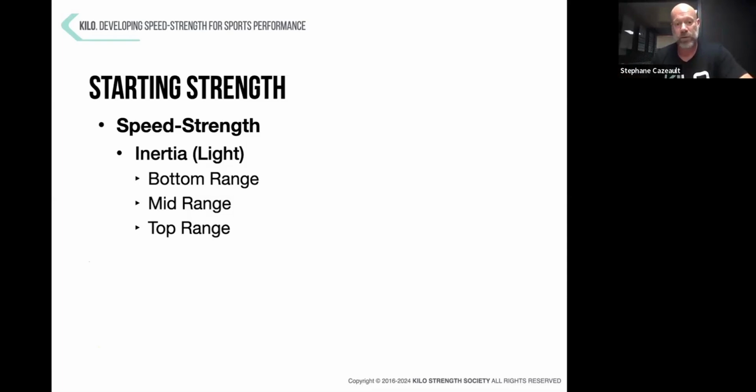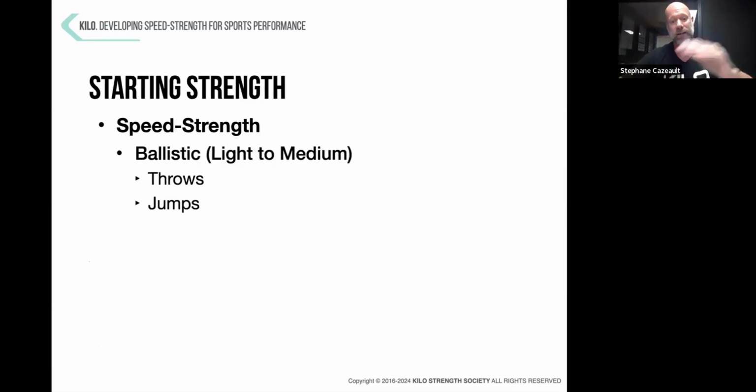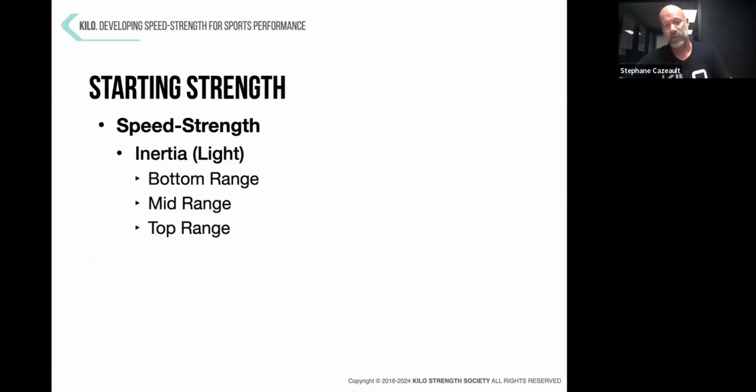Whenever we do the sports performance course here at Kilo and have students do starting strength, they're always blown away by how fast they need to be to work that quality. It's extremely fast. That's why it's easier to start with ballistic first, and then you progress to inertia. And then finally, even more advanced is dead stop, which is also light.